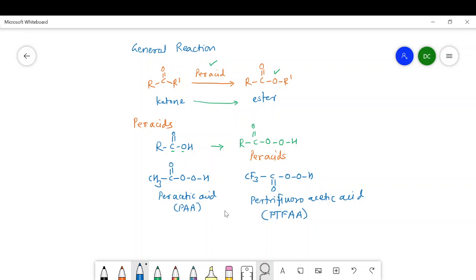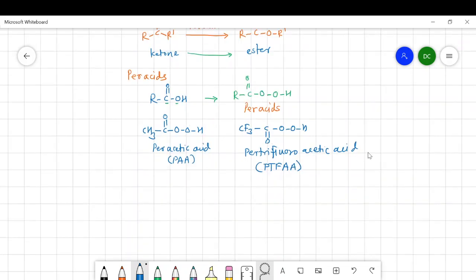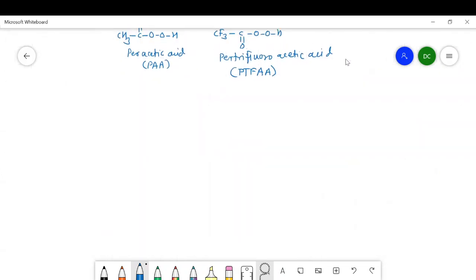If I replace this R group by an aryl group, then we get the corresponding aryl per acids, and for this purpose I will write the structure of aryl per acid by replacing the R group by benzene. This is the first compound, and here I will write COOOH. It is perbenzoic acid, and the short form of this compound is PBA.